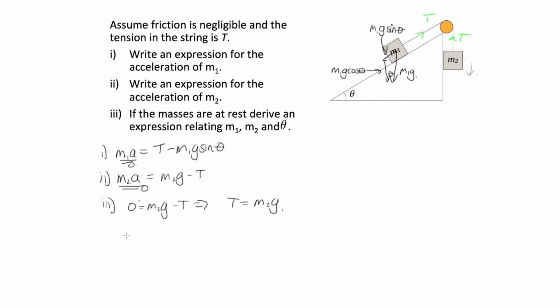Looking at the top one, 0 is equal to T minus m1g sine theta, but we can replace this T with m2g. So this is m2g minus m1g sine theta is equal to 0. We can now cancel g out because it occurs in both terms, so we've got m2 is equal to m1 sine theta. So this relates m1, m2, and theta when the system is at rest.